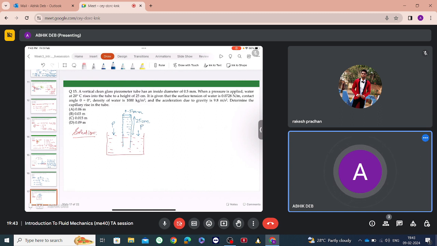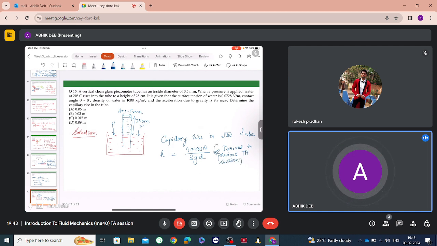For the capillary rise in the tube, H, we'll use the formula sigma cos theta by rho g d, where d is the diameter of the tube. This result we have already derived in the previous TA session.